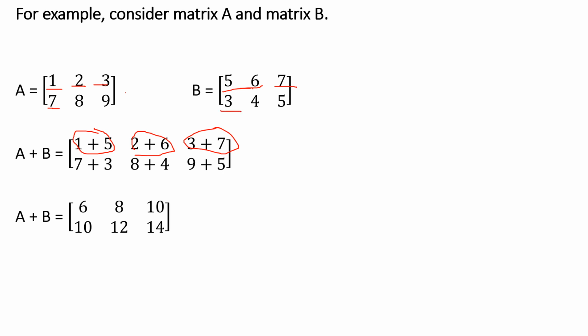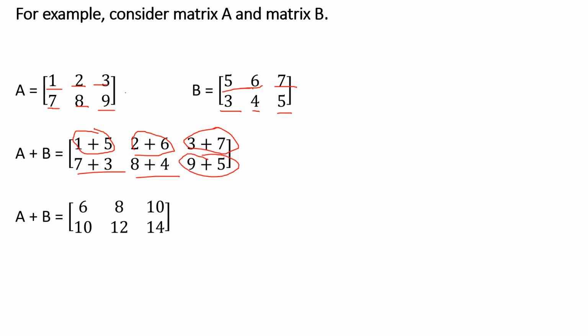Second row, column 1 is 3. 7 plus 3. Row 2, column 2. That's 8. And then in B, row 2, column 2 is 4. 8 plus 4. And then row 2, column 3 is 9 in A. And row 2, column 3 in B is 5. So that's 9 plus 5.